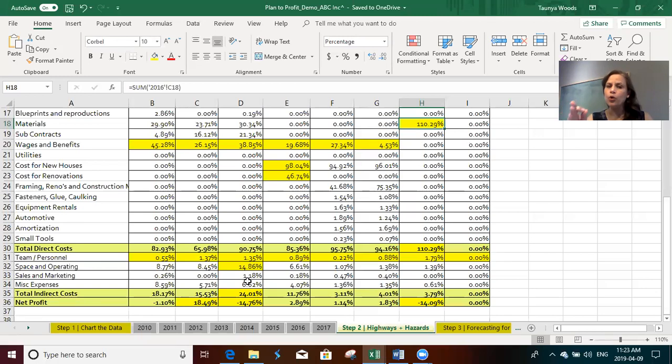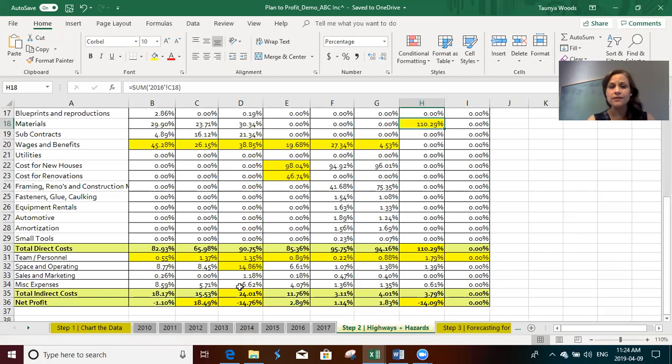It is super important to know all the costs attached to it, because in this example, look at what happens. They bought a building and they bought equipment. So their space and operating expenses went from 8 to 14%. Their total indirect costs were sitting at 15 in 2011, and in 2012 they went up almost 10%.